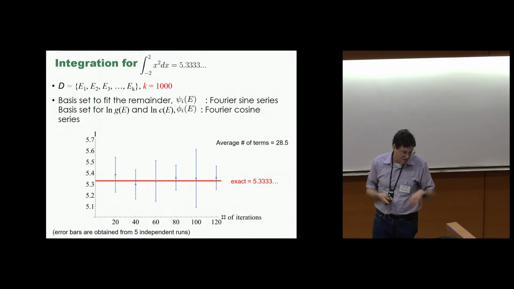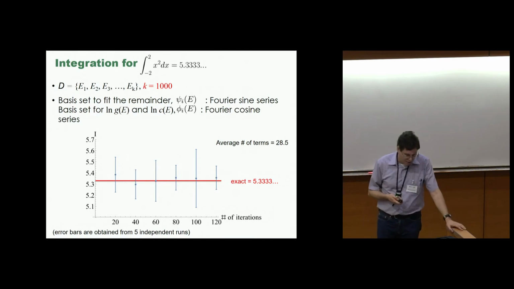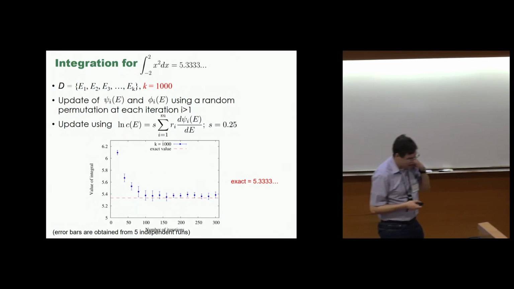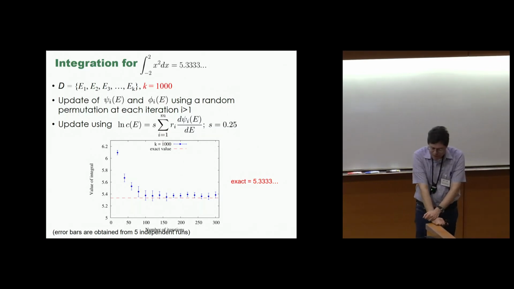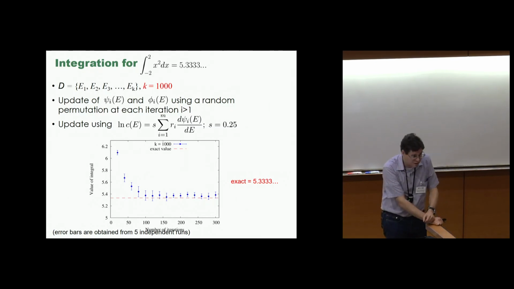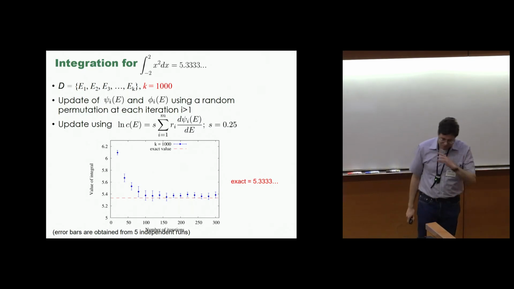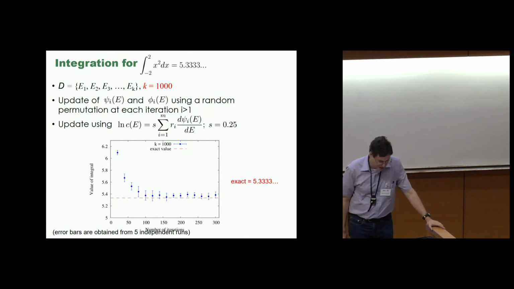So this is 1000, which was what we had shown before for the DOS. And it turns out that sines and cosines are not really a good basis for doing this, and it will become even more obvious for the physical example.